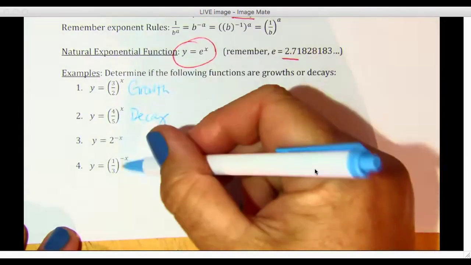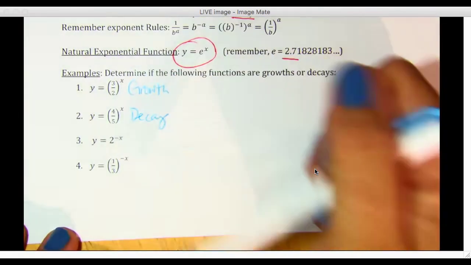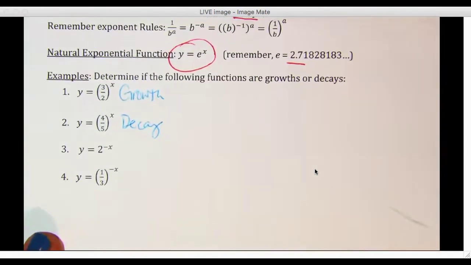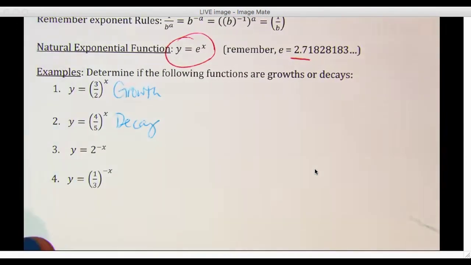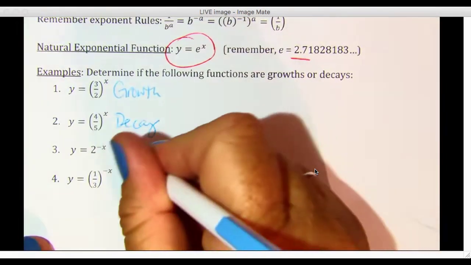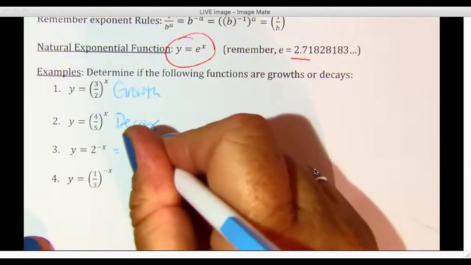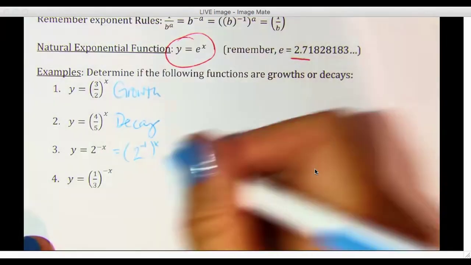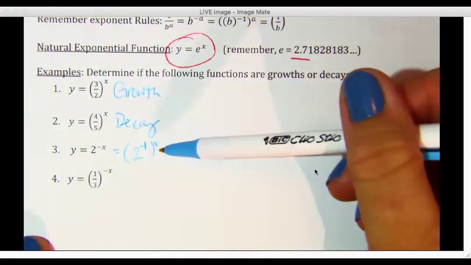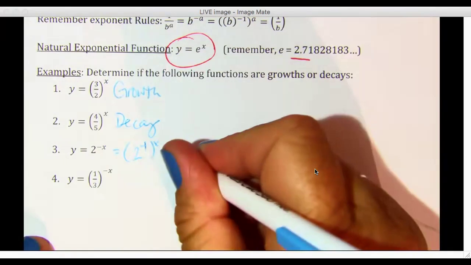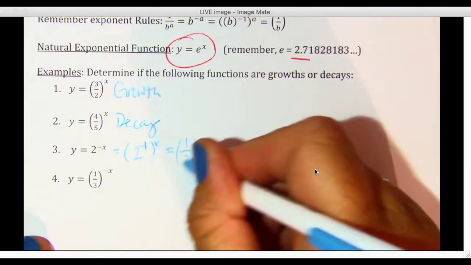Now these next two are a little bit tricky because they have a negative in the exponent. If you have that negative in the exponent, it's kind of the opposite of what you would think. This 2 to the negative x is the same thing as 2 to the -1, to the power of x. Like I've separated those exponents there. And now I just have an x here. Well, 2 to the -1 is the same thing as 1/2, to the power of x.